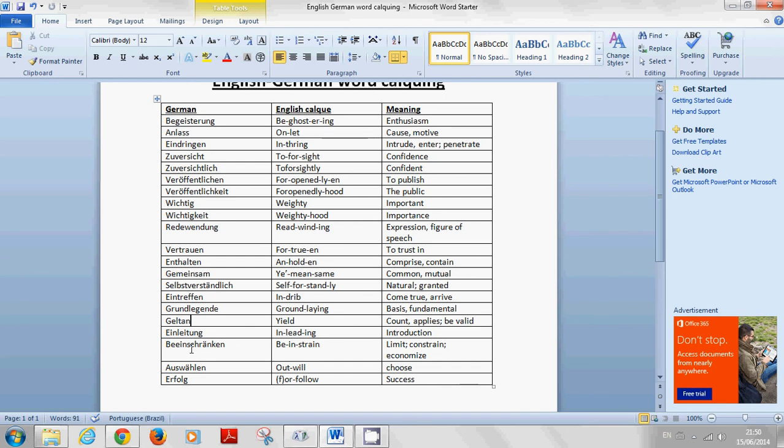This next one, beeinschränken. This is to be in strain. This is to limit, constrain, or economize. The strain would be, I believe, the same word strain that's in the word constrain.